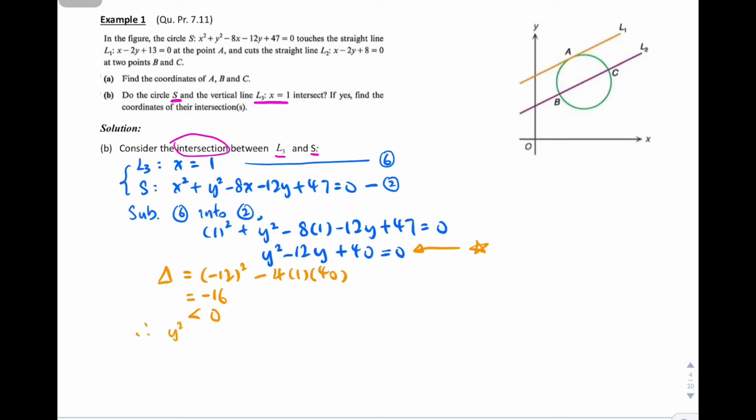So we can conclude the quadratic equation has no real solution. And finally, that means the answer is no. The circle and the straight line do not intersect.